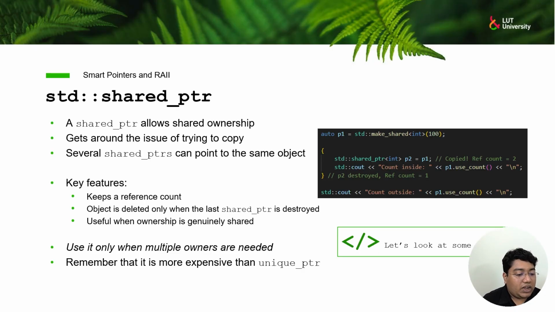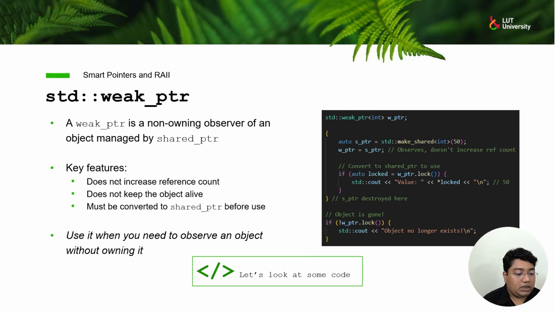Now we arrive at the third smart pointer. A std::weak_ptr does not own the object. And mainly that's where the confusion starts. What's the point of a pointer if it doesn't own anything at all? It simply observes an object that's managed by a shared pointer.